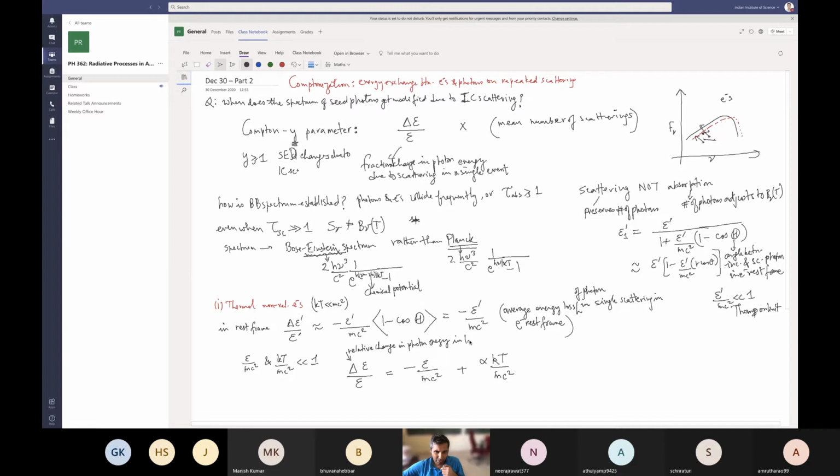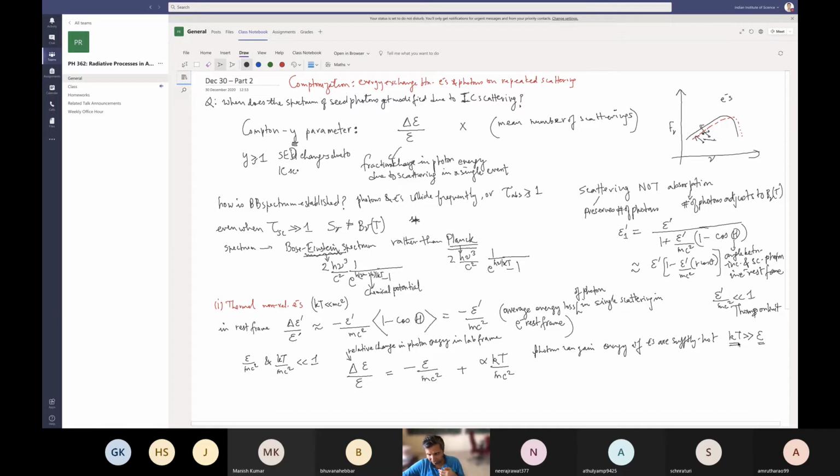in the lab frame. In the electron rest frame, the electron always loses energy, but in the lab frame, photons can gain energy if electrons are sufficiently hot, that is, if kT is much bigger than epsilon. This is the photon energy in the lab frame.